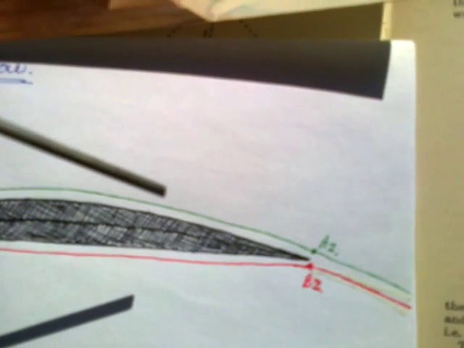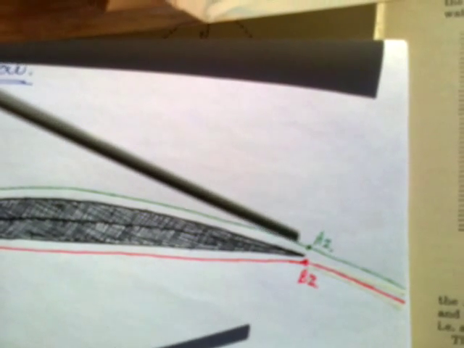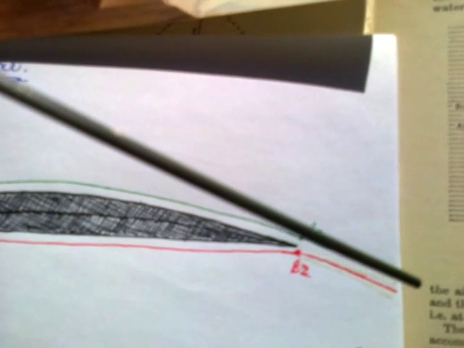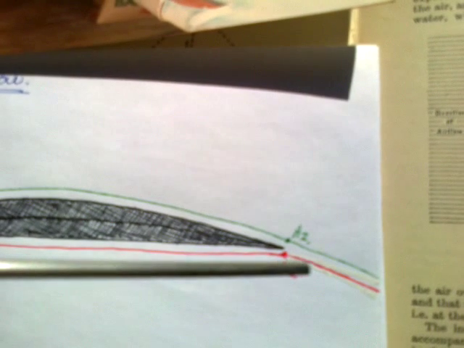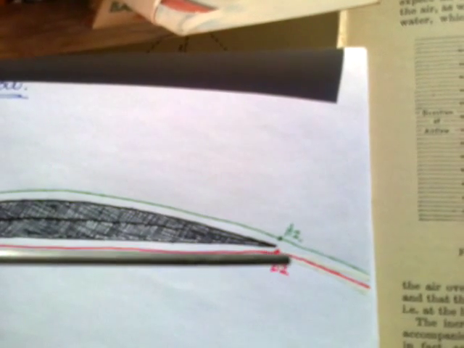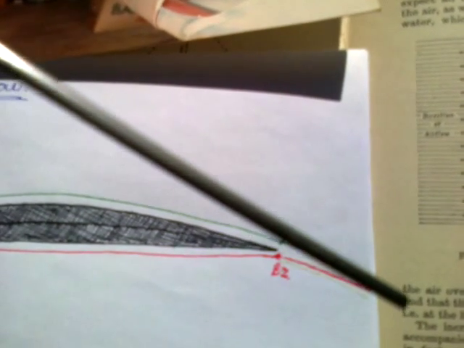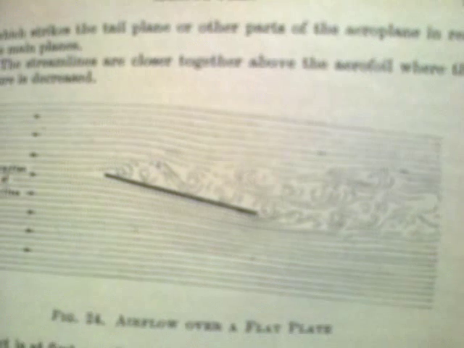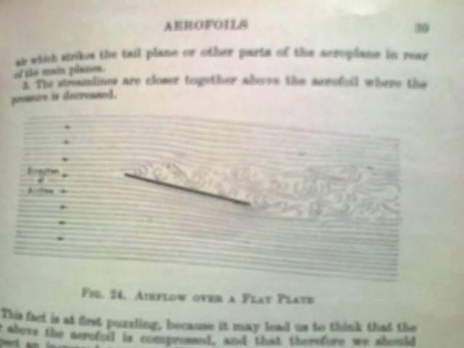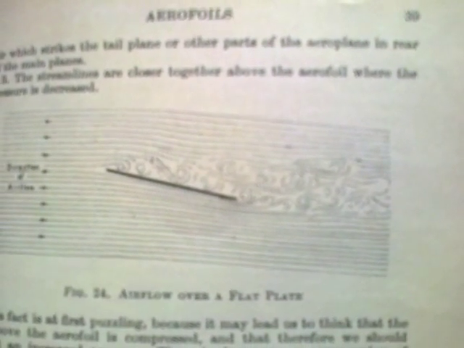But the resultant vector from the re-entry angle of the air coming in above the wing and the almost flat path taken by the air running under the wing results in the air being deflected down approximately half the slope of the upper surface of the wing. And even a flat plate will achieve it, although the flat plate generates a lot of drag.